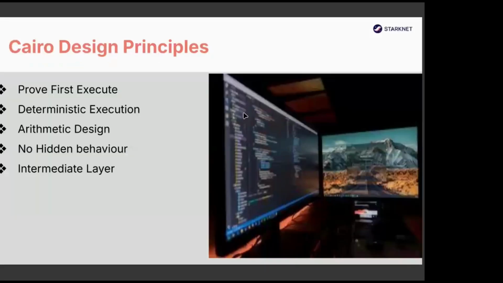So Cairo as a language has design principles. I remember telling us that Cairo is not only limited. Remember, guys, languages like Solidity are limited to only blockchain.